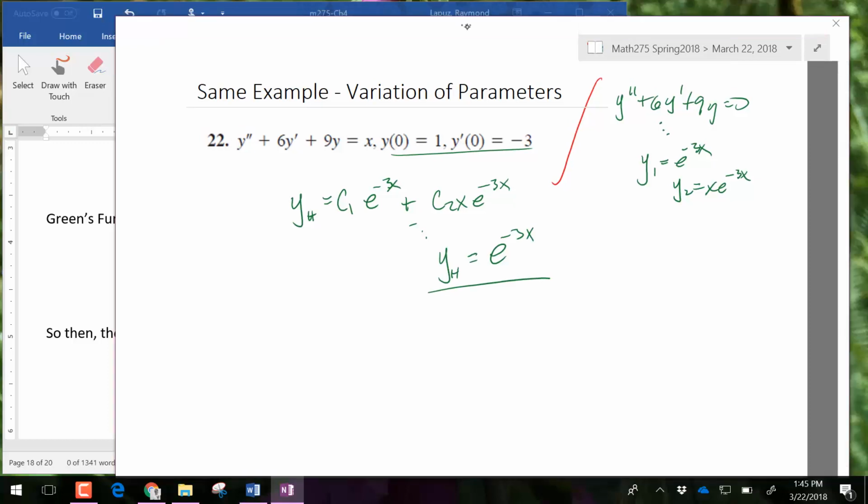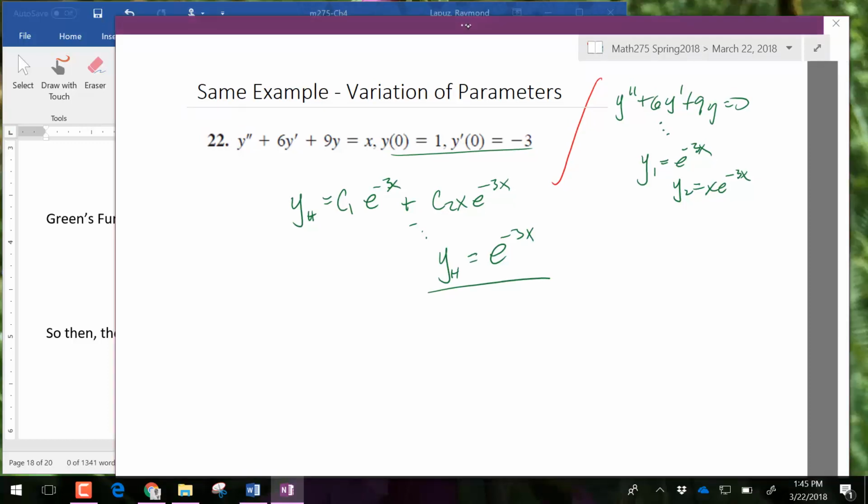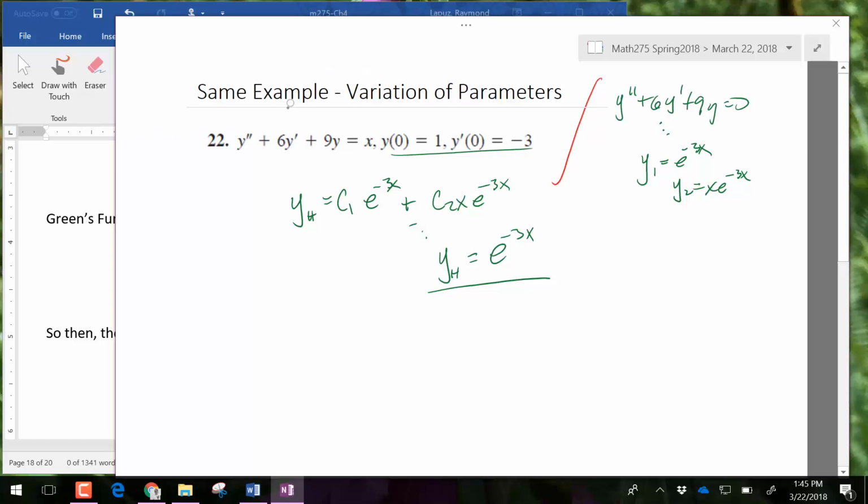All right, so using variation of parameters, how do we do variation of parameters again? Wronskian, something like that. So W is equal to this, e to the minus 3x.